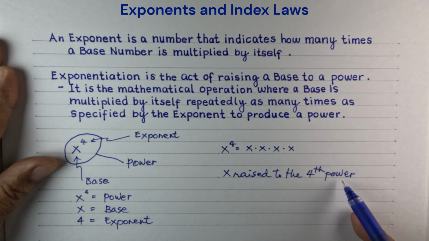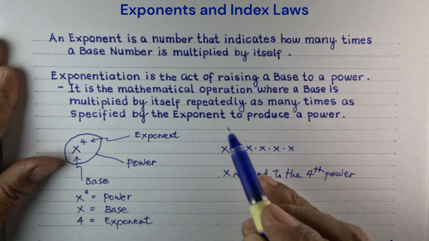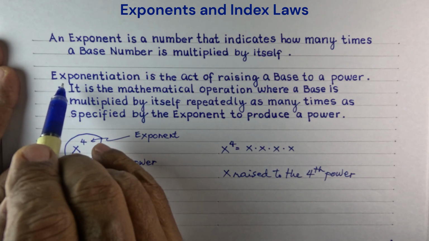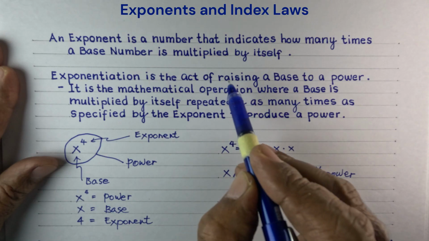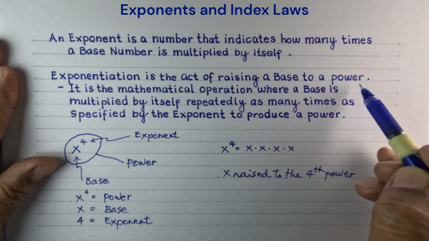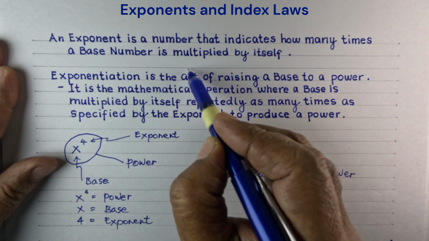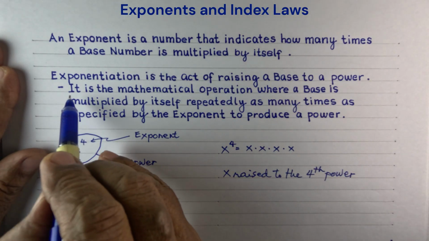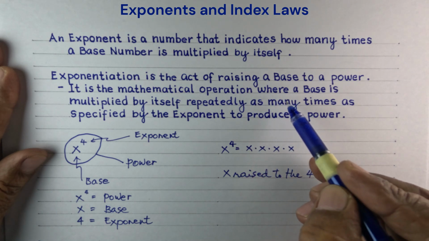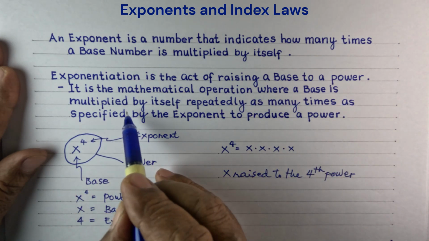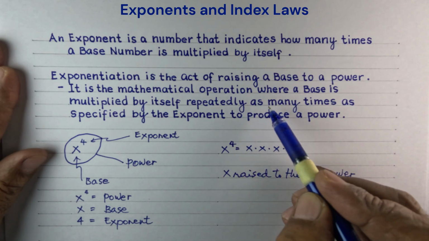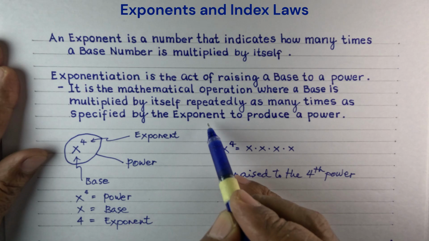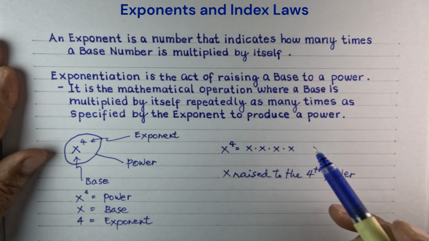So x raised to the fourth power is the very essence of this definition, which says exponentiation is the act of raising a base to a power. The word act here refers to the operation. It is the mathematical operation where a base is multiplied by itself repeatedly as many times as is specified by the exponent to produce a power.